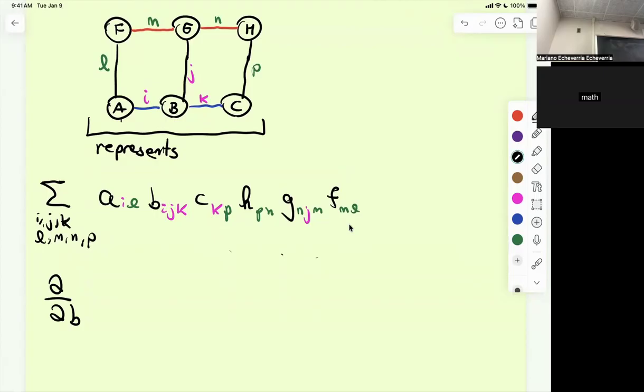I'm not going to refer to the entries of these tensors as I, J, and K, because I, J, and K are being summed over, so they're dummy indices, and it's very confusing. So I'm going to call them I bar, J bar, K bar. It's almost the same, but it is the correct way of doing this.